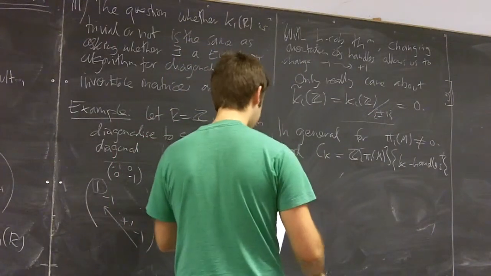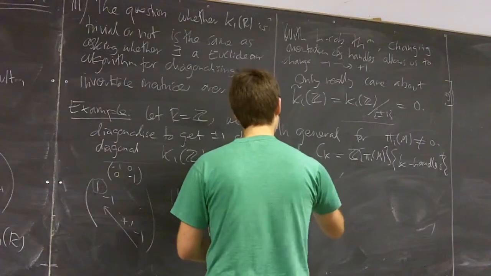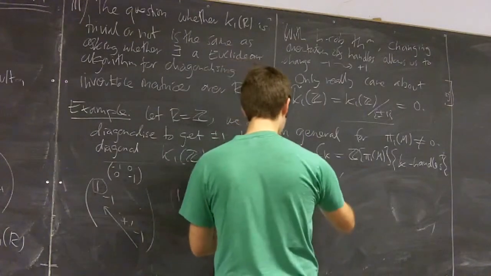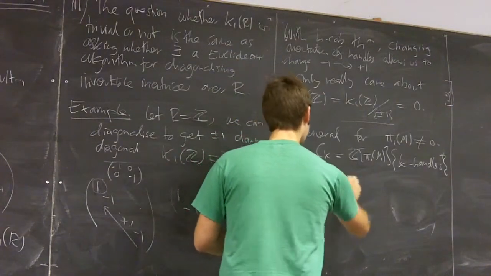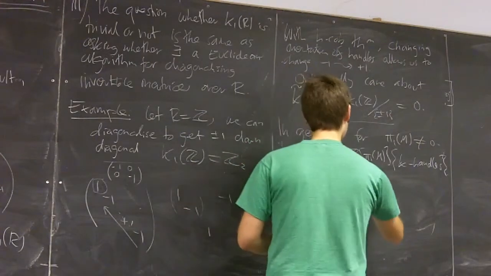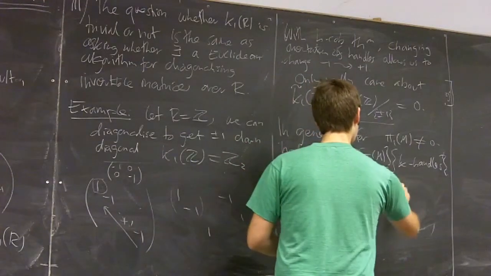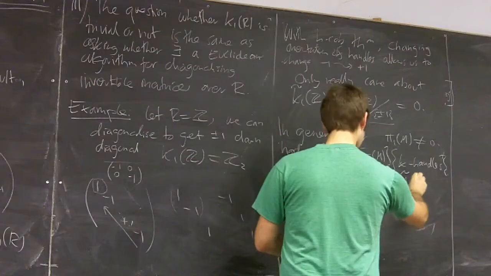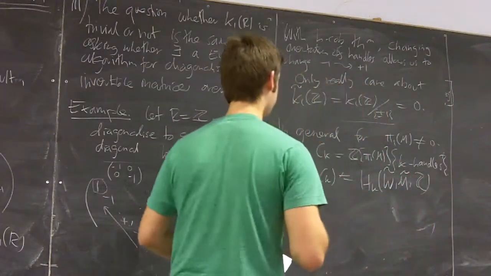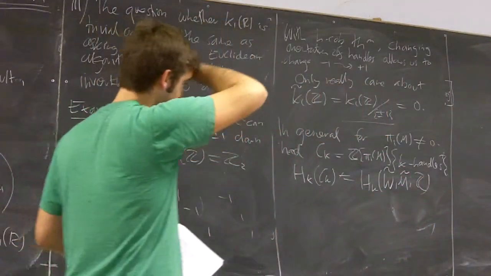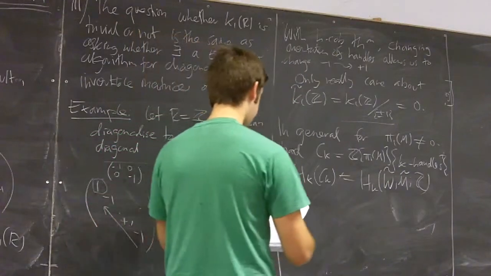And then we had, if we take the homology of this chain, this was the homology of the universal covers with Z coefficients.